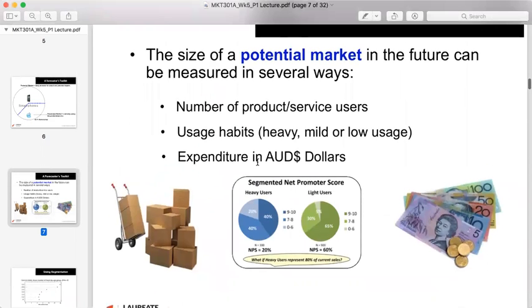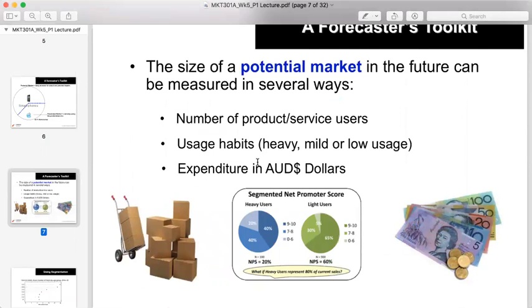And there are many approaches or techniques that marketers can use to estimate the market potential. The one that we show here is what we normally label the market build-up technique. In this technique, we normally estimate the number of buyers or users.